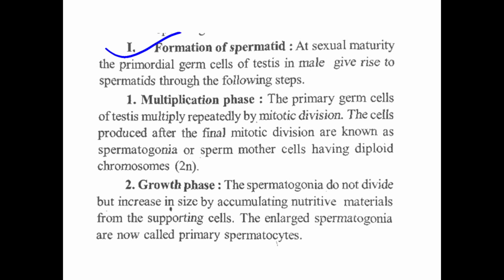Formation of spermatid. At sexual maturity, the primordial germ cell of the testis in the male gives rise to spermatid through the following steps.